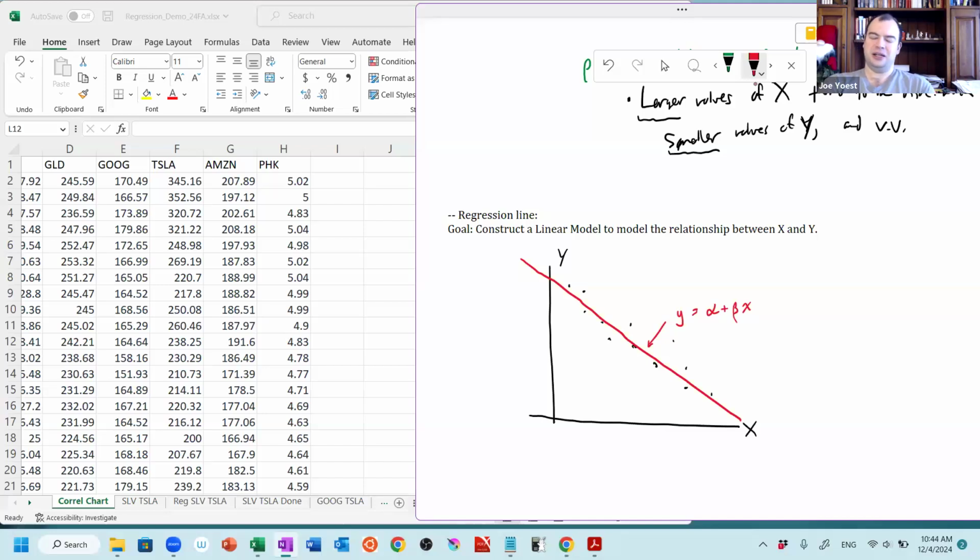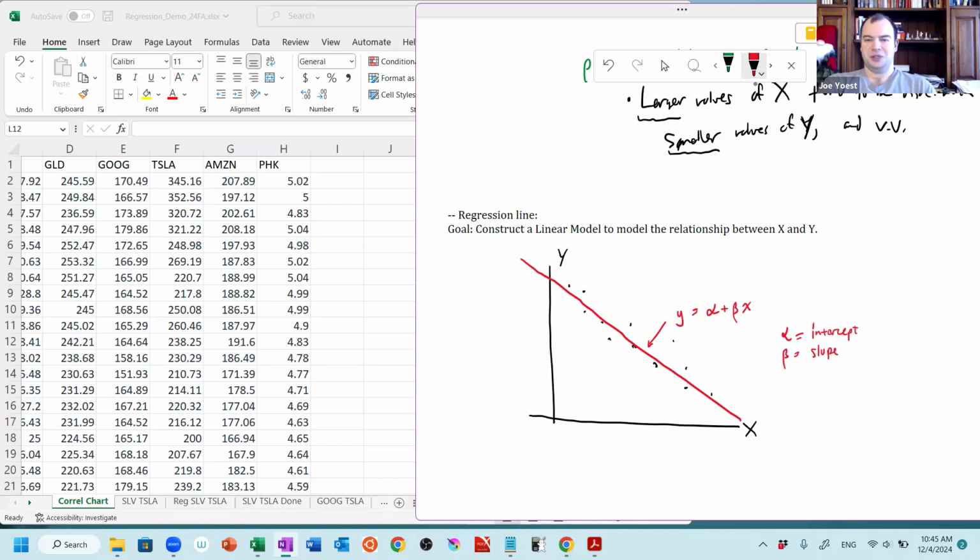So kind of slightly annoyingly in stats, the beta, the thing that we in algebra think of as b, the intercept, is actually the slope here. So here alpha is the intercept and beta is the slope.